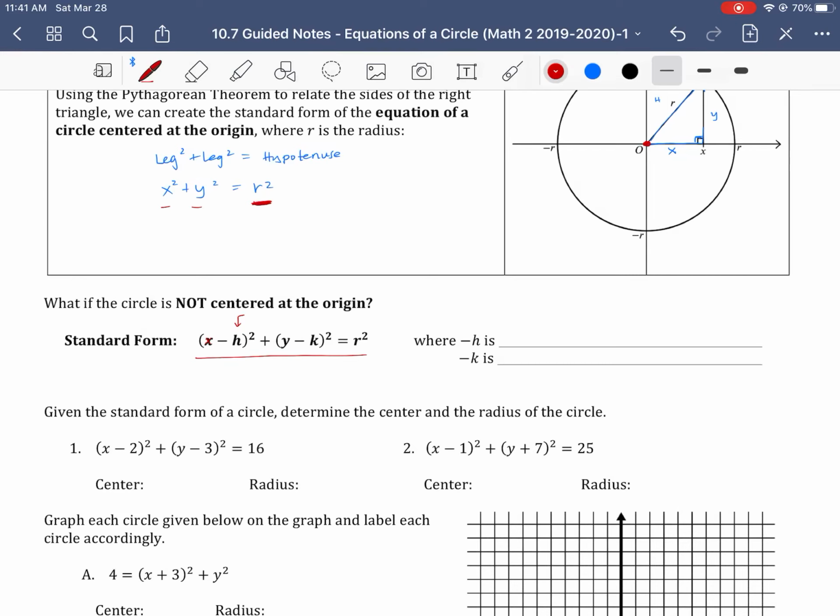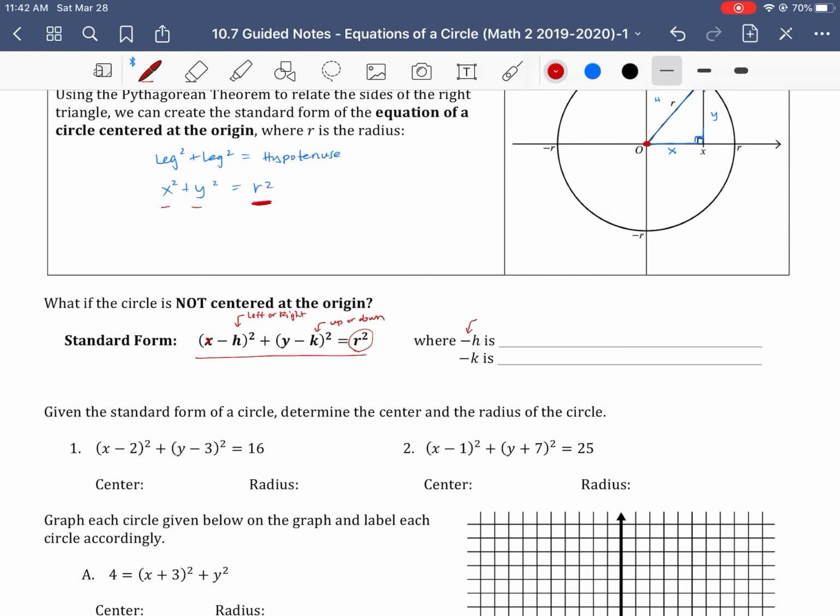And notice it's inside parentheses being squared. Anytime that happened, we always use the opposite of that. But again, this is moving it left or right. And then just like we always used k for the up or down, notice that that one is affecting the y value, so it's moving it up or down. So that just moves the center around the graph. R squared will stay the same, so we can still find the radius.